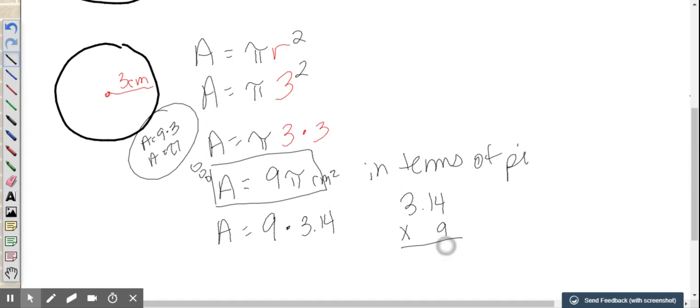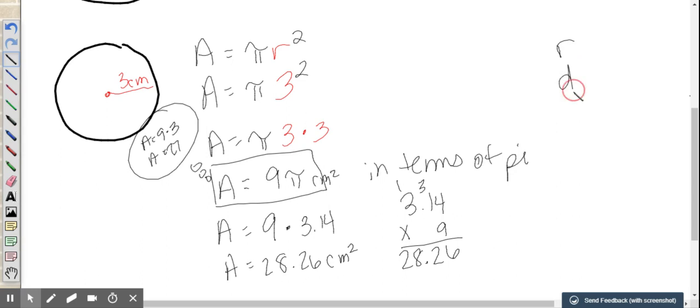9 times 4 is 36. 9 times 1 is 9, 10, 11, 12. 9 times 3 is 27, 28. So our area is 28.26 square centimeters. Notice that that's really close to our estimate of 27.